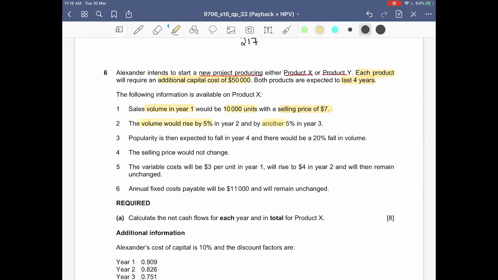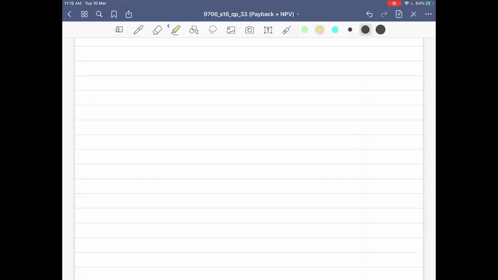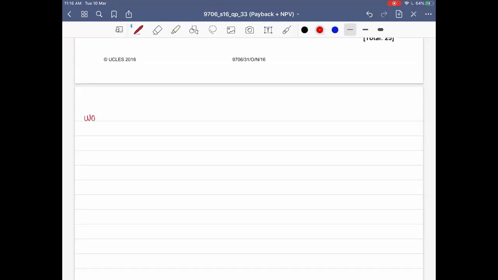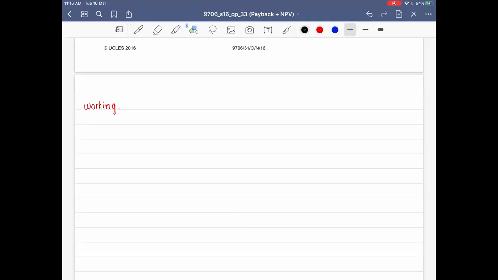तो हम एक टेबल बना लेते हैं जिसके अंदर हम वॉल्यूम लिख सकते हैं, आउटपुट लेवल लिख सकते हैं। Years, and then output level. सर ईयर 0 में कोई आउटपुट लेवल नहीं है। ईयर 1 के अंदर it's 10,000. ईयर 2 के अंदर it's going to increase by 5%.